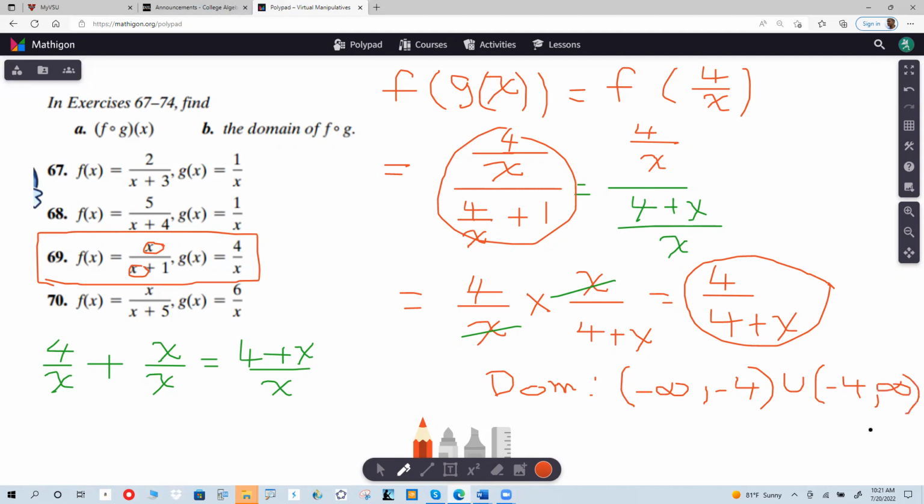Done. So it's now repetitive. We did 2 of the hard ones. I'll give you something very similar to 67, 68, 69, 70 on the exam. You have to find the composition of the 2 functions that I give you, find the domain, and simplify them.